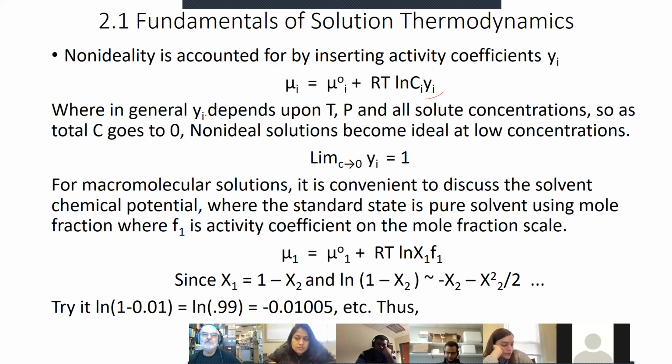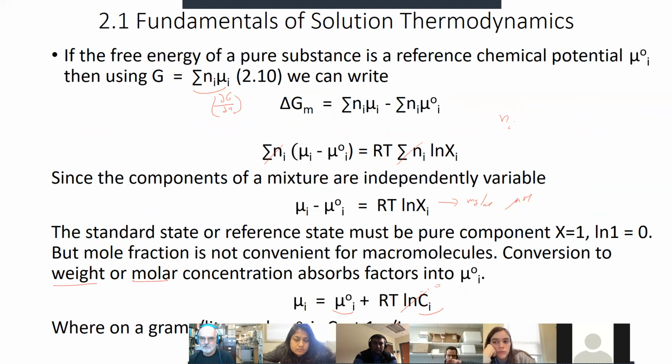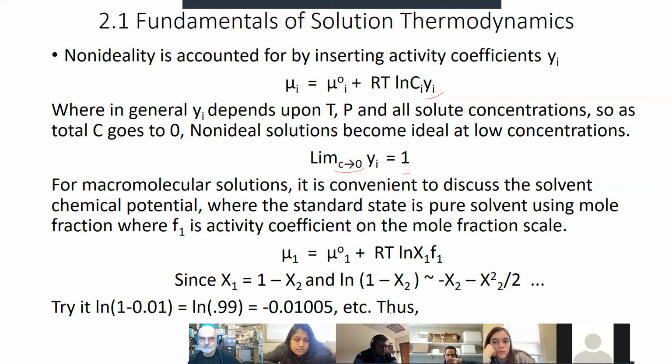So in general, Y sub I will depend upon everything else in the solution: temperature, pressure, solute concentrations, etc. But it will go to 1. It will be ideal when the total concentration becomes dilute. So as total concentration goes to 0, the activity coefficient will go to 1. And the equation will convert back to this simple ideal expression.